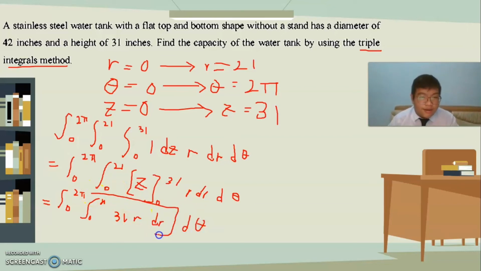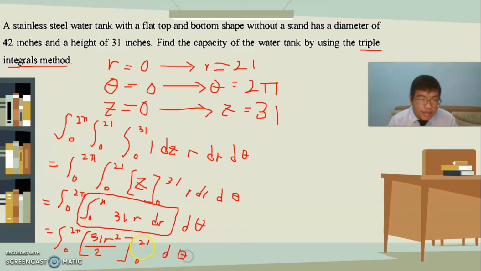After that, we solve for the terms of r, which is from 0 until 2 pi. Then 31 r squared over 2 with the limits 0 until 21, d theta. So we substitute the 21 and 0 into r.